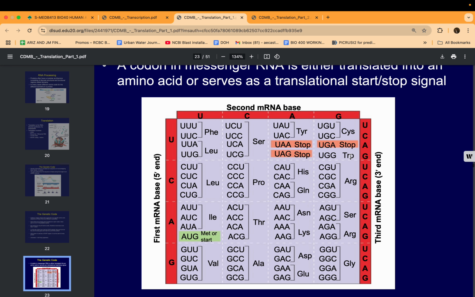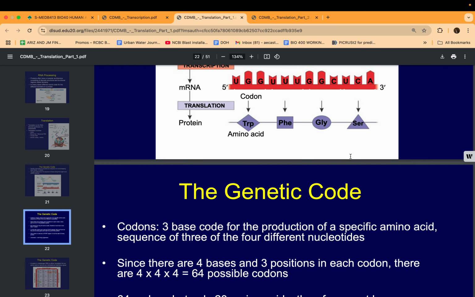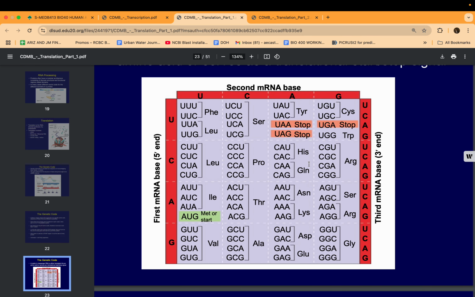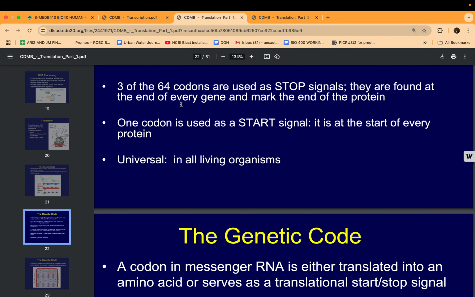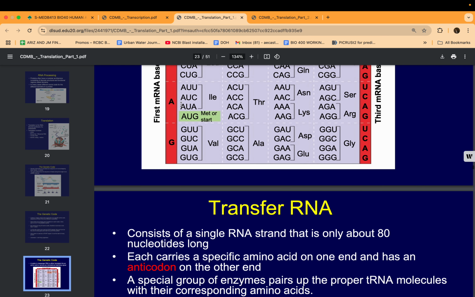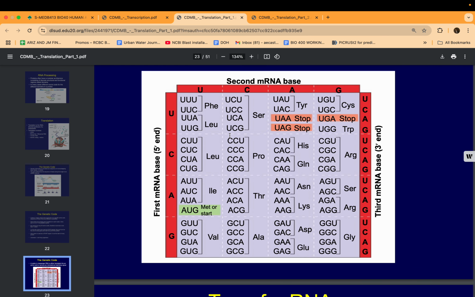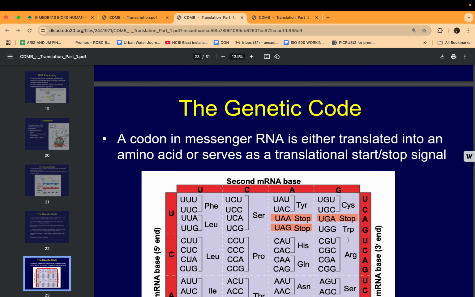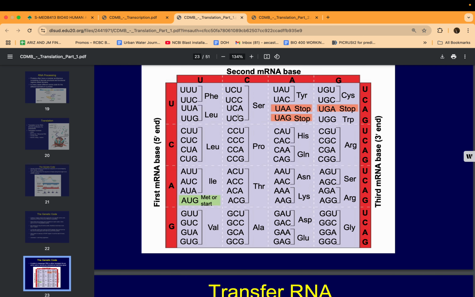Then we have UUU, which corresponds to phenylalanine. Then GGC, amino acid GLY. And we have UCA, corresponding to serine.